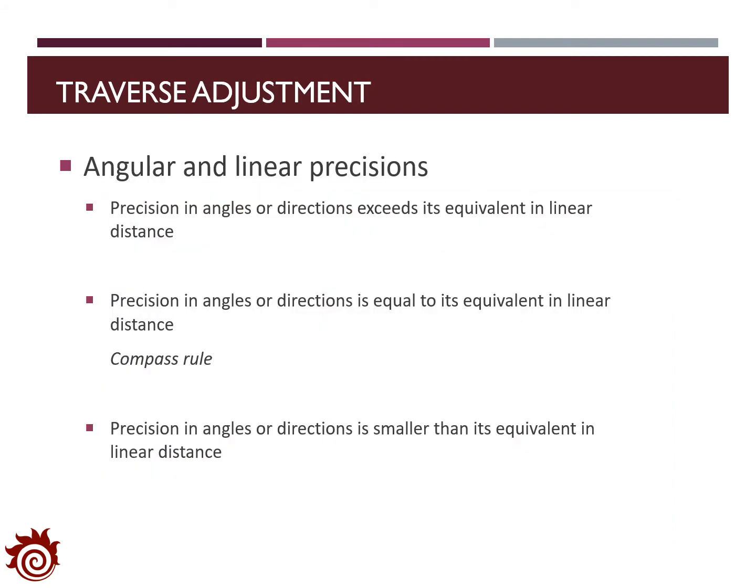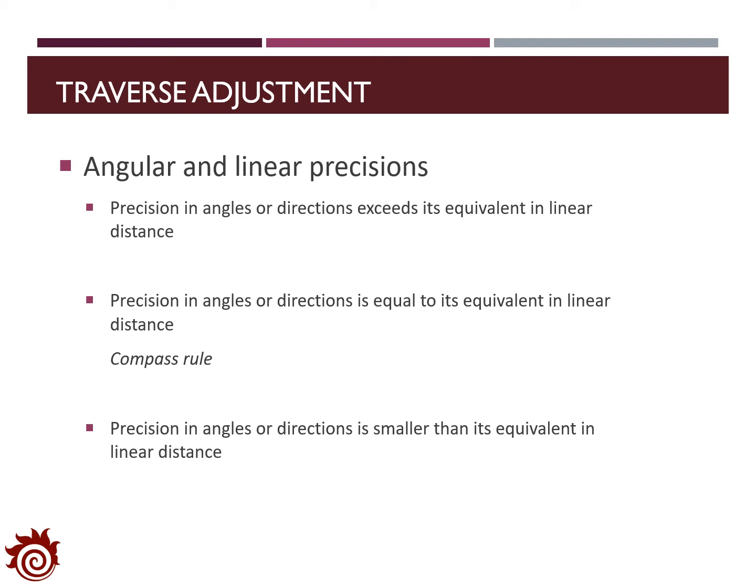From the previous pages, we computed the closure error for traverse. The next thing we want to handle is correct the error. This is called the traverse adjustment. Usually the adjustment is conducted based on the angular and the linear precisions. There are 3 conditions we have to apply for the adjustment. The first one is the condition when the precision in angles or directions is equivalent in linear distance.